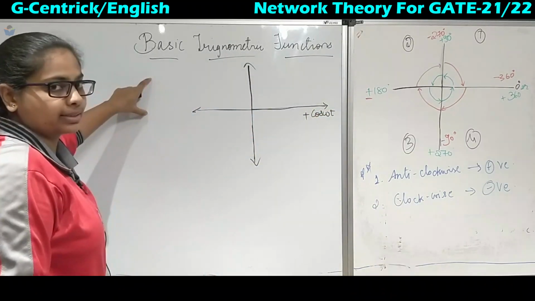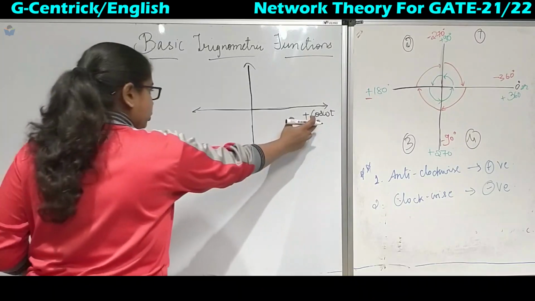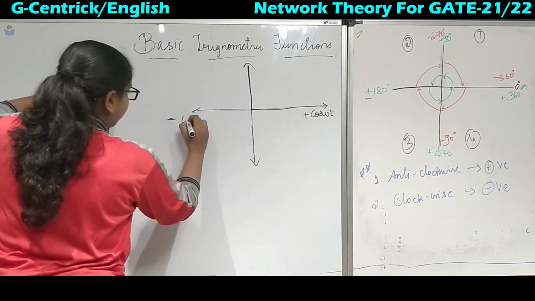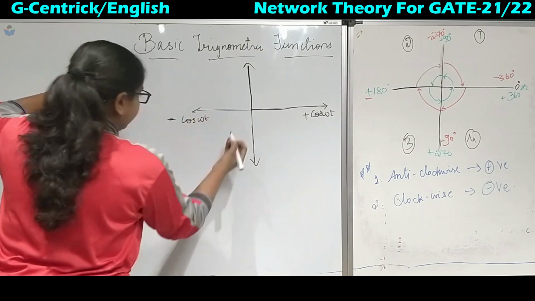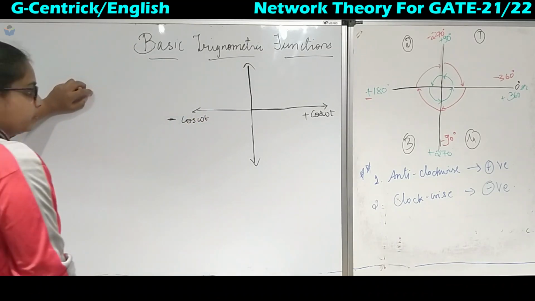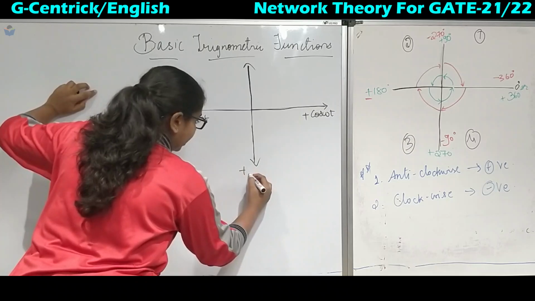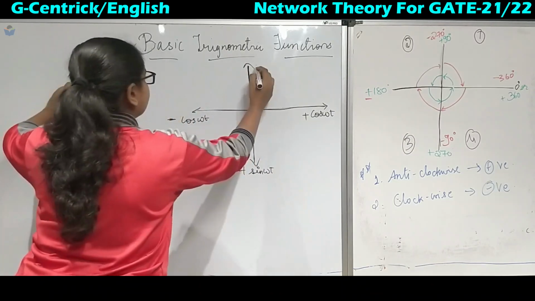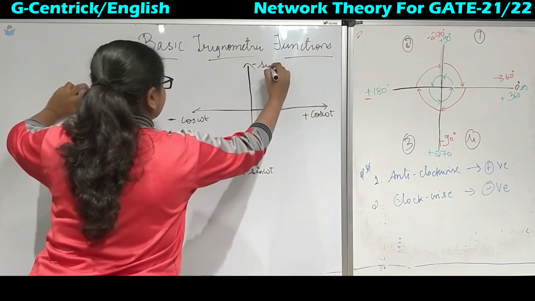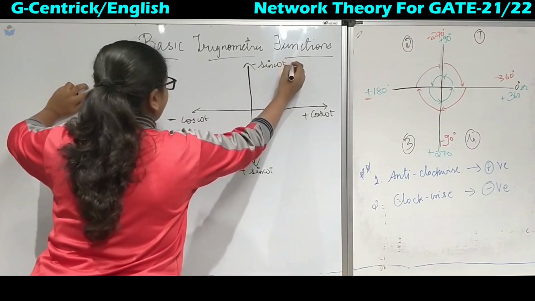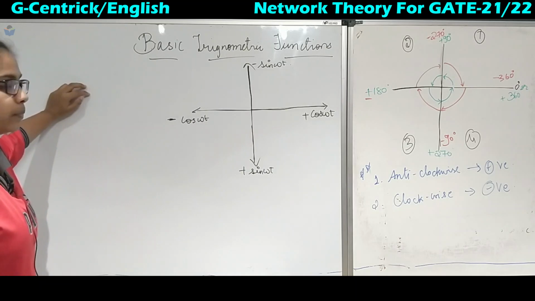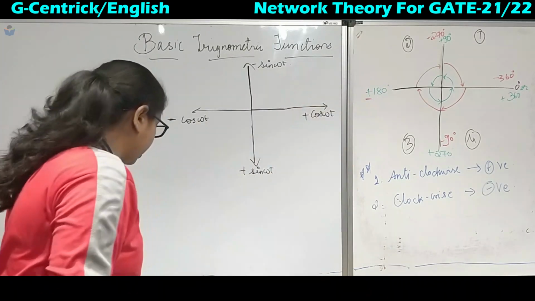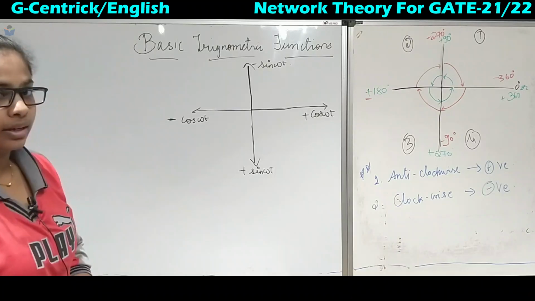Okay, so positive x-axis I will take as cos omega t, and this one I will take as minus cos omega t. Here this axis I will take as plus sin omega t, and this axis as minus sin omega t. Okay, now we will similarly move in the clockwise and anti-clockwise direction.